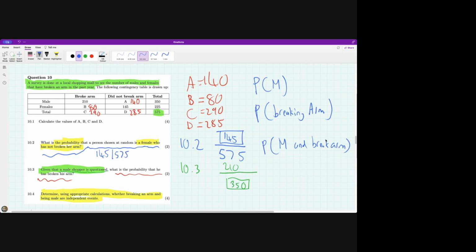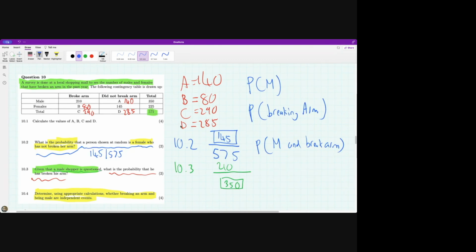Before I even work that out, can you see the connection? Give me a thumbs up if you see the connection between the three things I'm looking for and the fact that I'm trying to check if they're independent. Can you see that skill, that process? Give me a thumbs up if you see it. Give me a thumbs down if you don't.